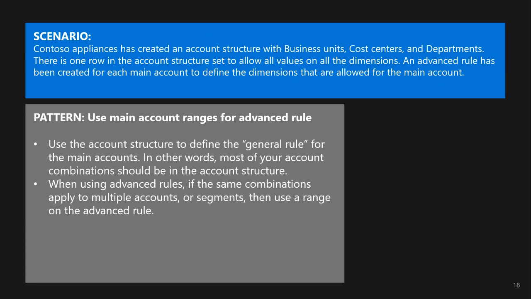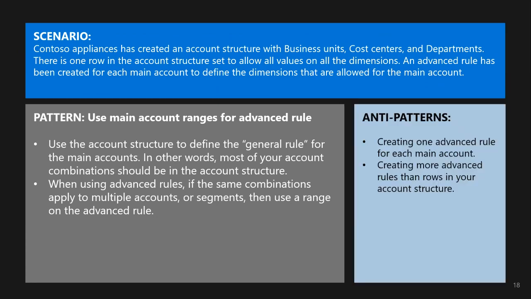And like I said, if it's the same pattern and it can't be compressed, then you probably need to take a look at why not. And in fact, one difference is that advanced rules are for exceptions. So in general, there should be less of them, or not tons of them, to use a very general term. So use the account structure for the general rules.